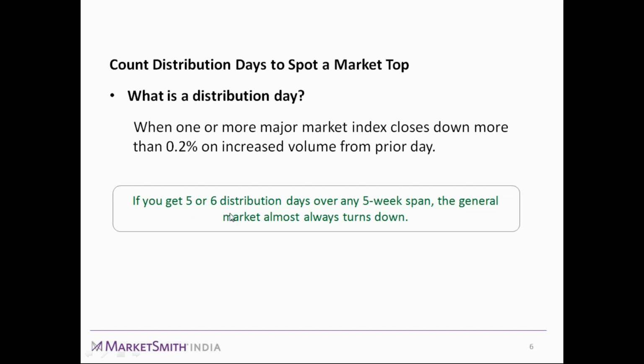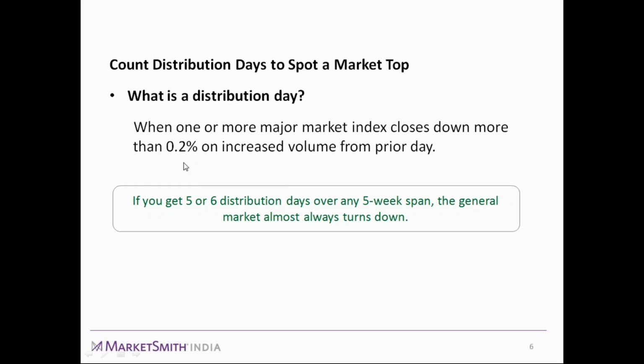If we have 5 or 6 distribution days or more, more often than not, it indicates that the market is moving into a downtrend. Once again, what we're looking for is a clustering of distribution days over the past 25 trading days.